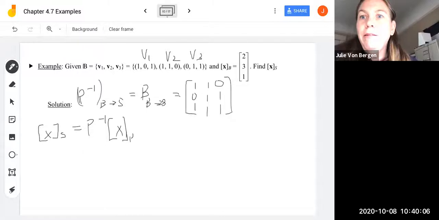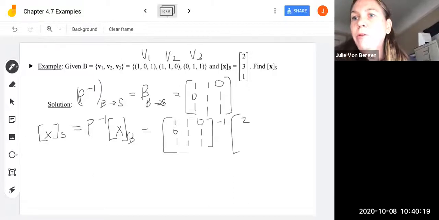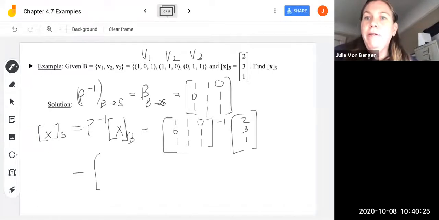So this calculation is going to be the matrix 1, 0, 1, 1, 1, 1, 0, 1, 1 inverse multiplied by 2, 3, 1. And we can let SymPy or other technology do that for us. And we find our values are 5, 4, and 3.